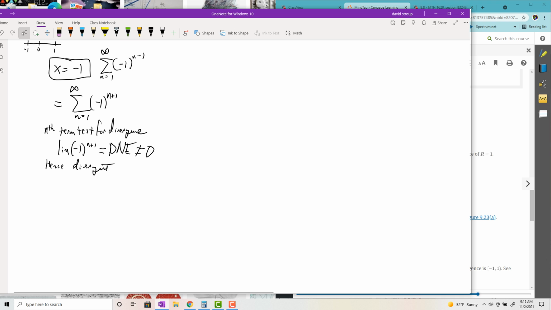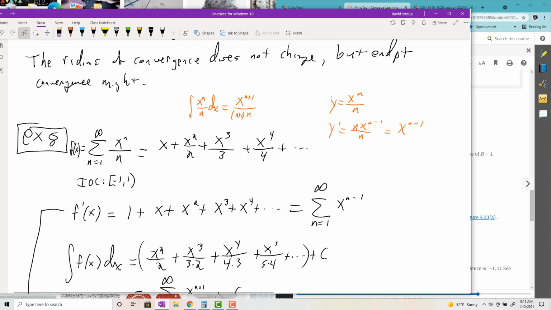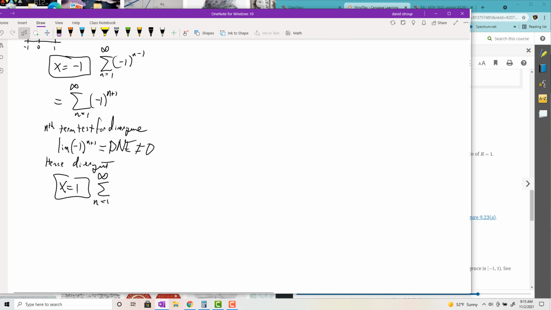Then we're going to plug in x equals 1, and we get the series n equals 1 to infinity of 1 to the n, basically, which is just 1. And again, you could do the nth term test for divergence. You could also do the geometric series.